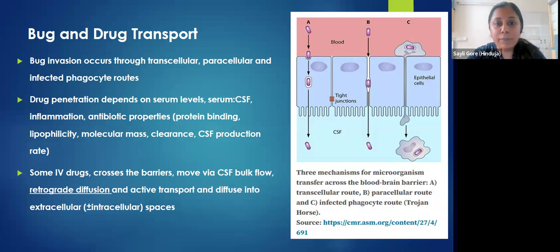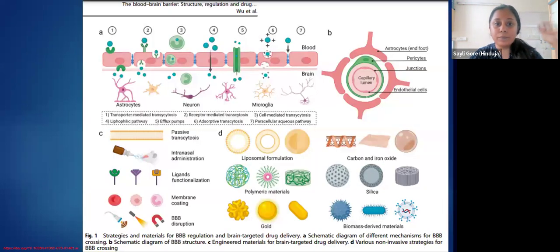And drug penetration also depends on the serum levels, the serum to CSF ratio, the inflammation, the antibiotic properties, protein binding, lipophilicity of the drug, molecular mass, clearance, CSF production, and the rate of distribution.